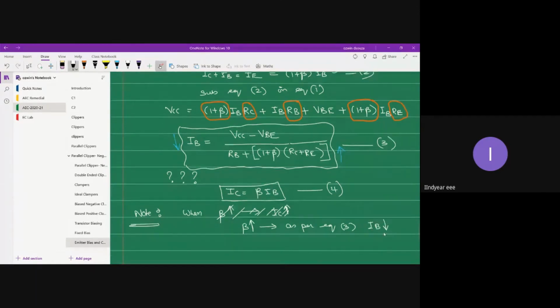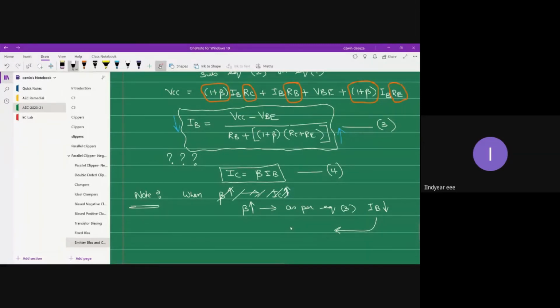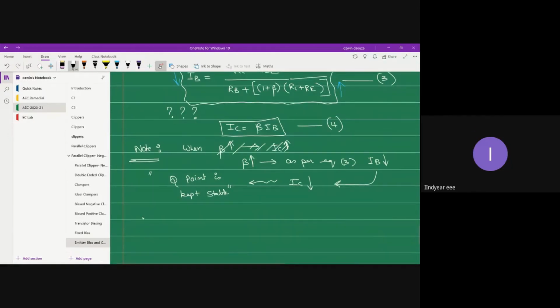With the decrement in IB, the collector current is compensated, and therefore the Q point is kept stable. So even a collector to base bias circuit provides compensation through emitter resistor RE.